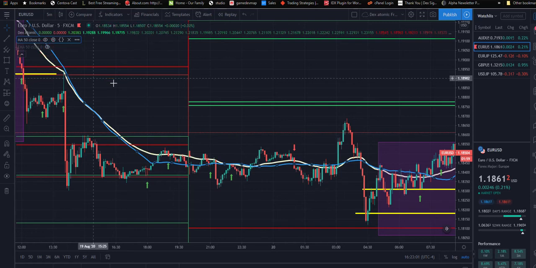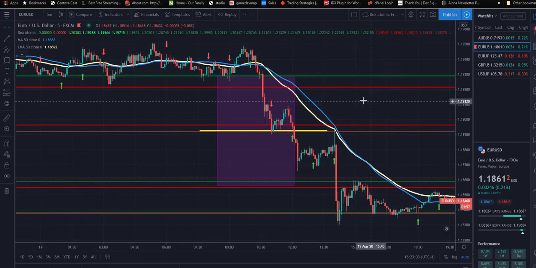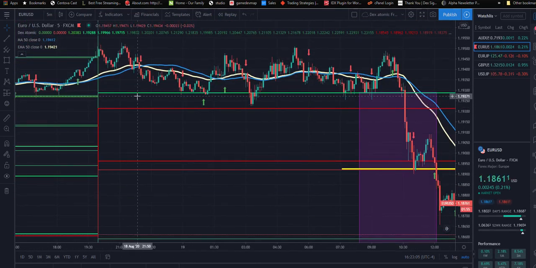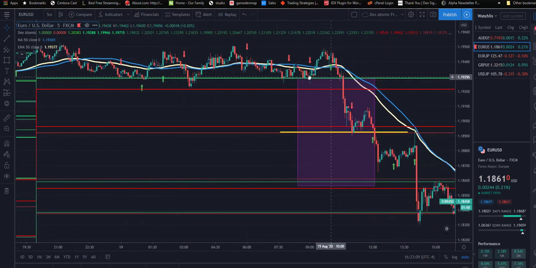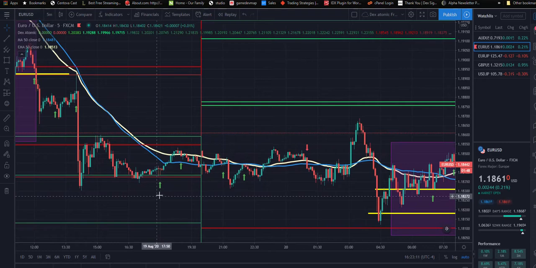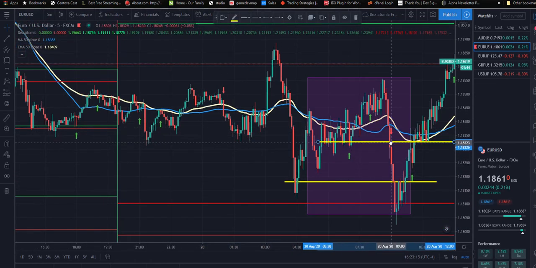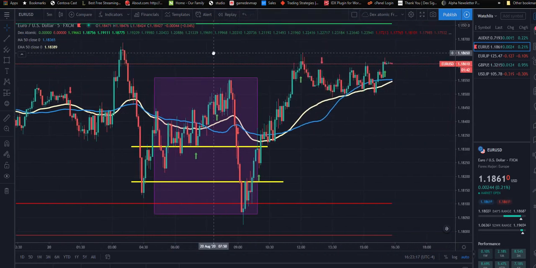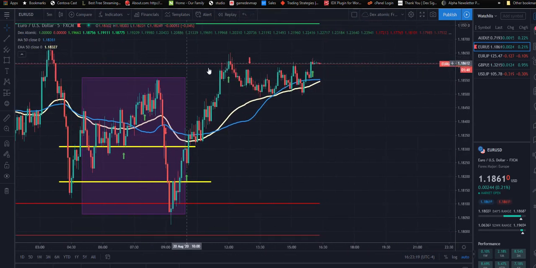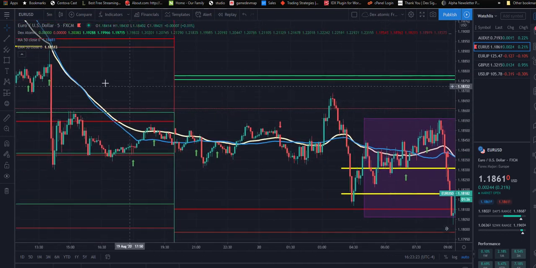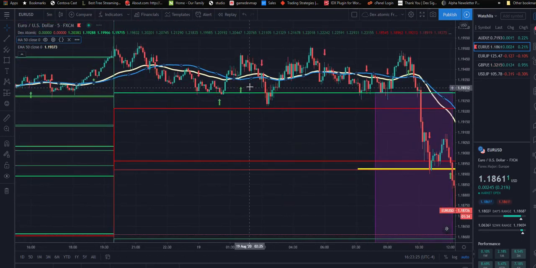If I were to add on the 50 exponential moving average, you would see there's not too much difference. Could it isolate some trades for you? If you're doing solely over under, or if you're doing the all in, it doesn't really matter. But if you're using the over under strategy, there may be one trade out of, say, 40 that you may not take because it wouldn't be in the area that you need it to be.